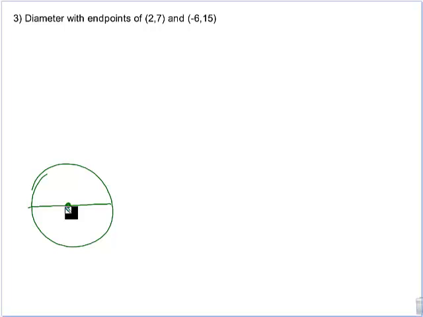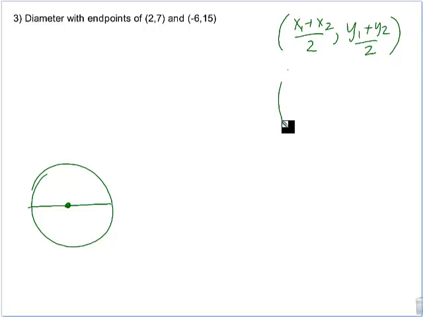All right, so x1 plus x2. So this would be what? Midpoint formula. 2 plus negative 6 divided by 2, and then what for our y's? 7 plus 15.